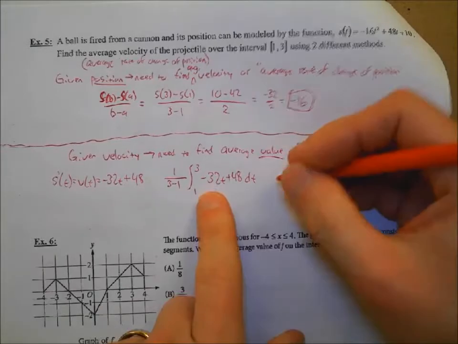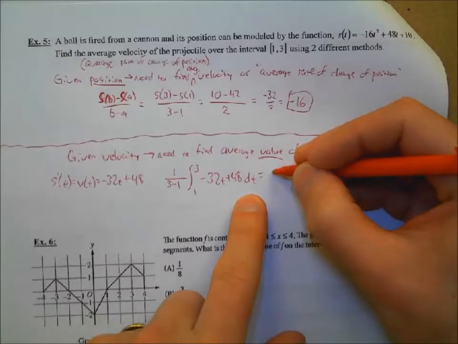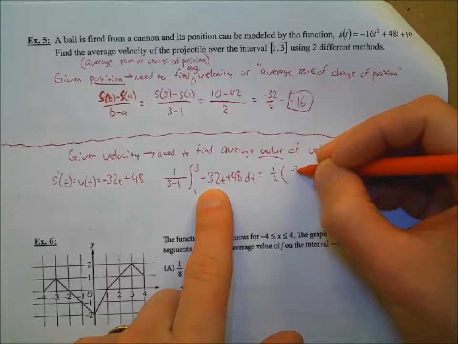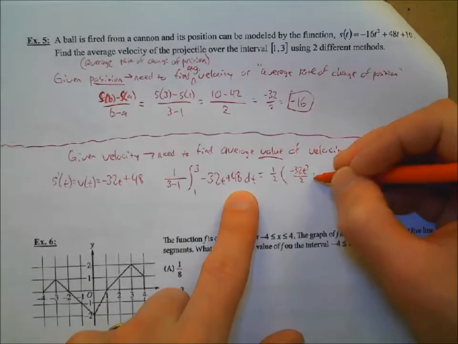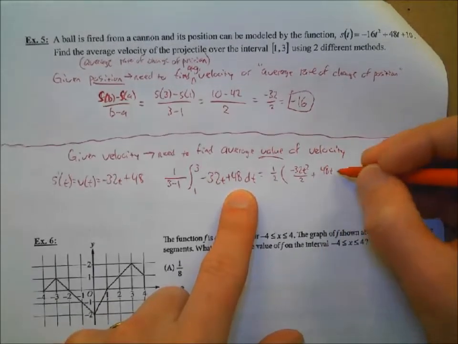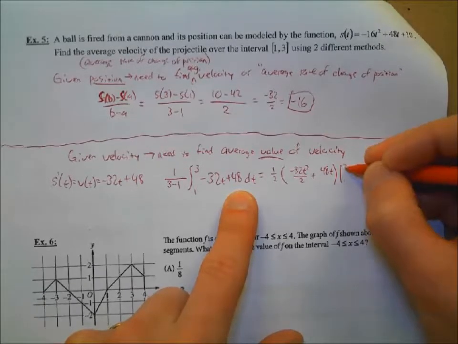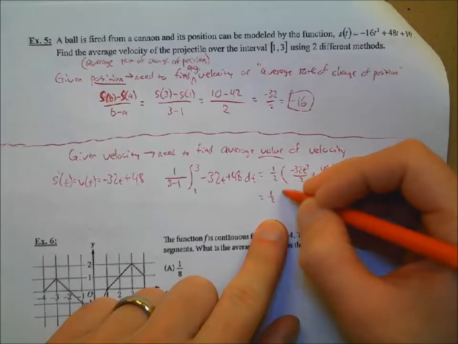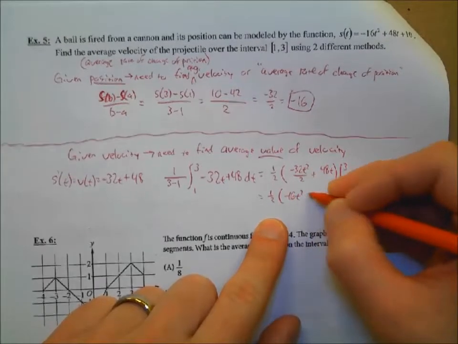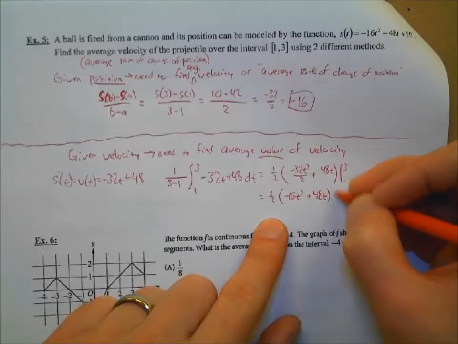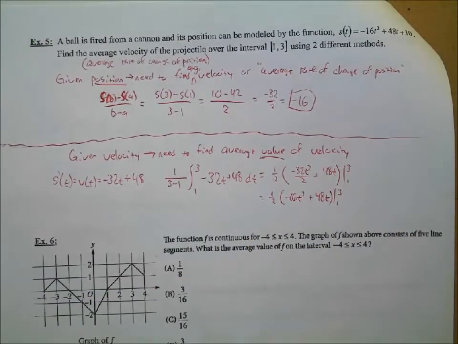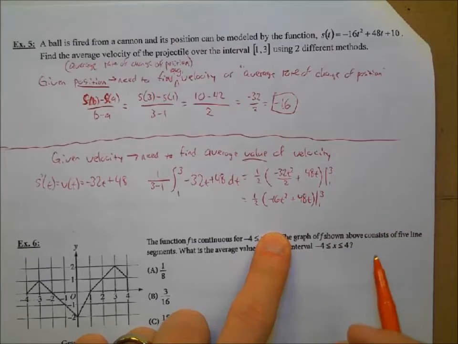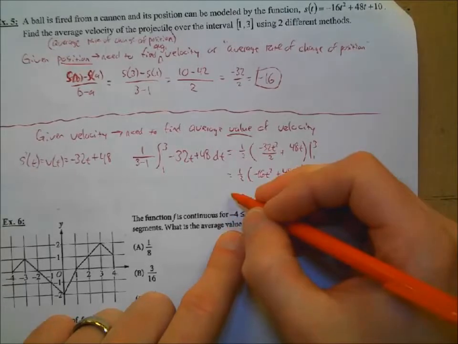Okay, and so we'll integrate this thing. So we'll have a 1/2 in front times, and then that's going to be negative 32t squared over 2 plus 48t. We're going to evaluate that from 1 to 3. So we're going to have 1/2 times negative 16t squared plus 48t, and then again evaluating from 3 to 1 there.